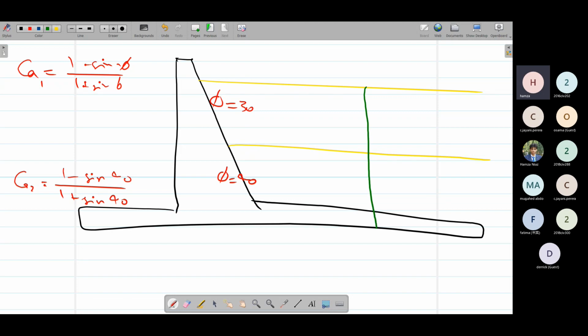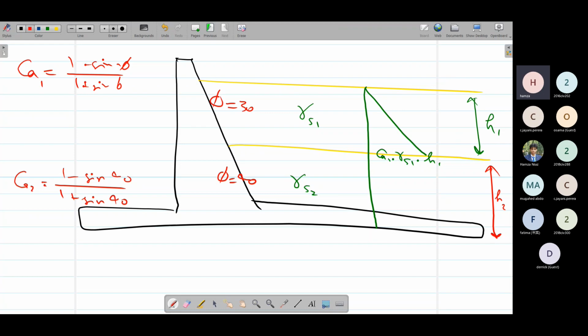So for the first layer, the pressure force would remain same like this. The bottom ordinate would be CA1 times gamma S1 times H1. For example, this is H1, and the unit weight of this soil is gamma S1. Unit weight of this soil is gamma S2, and this is bottom till this bottom H2.